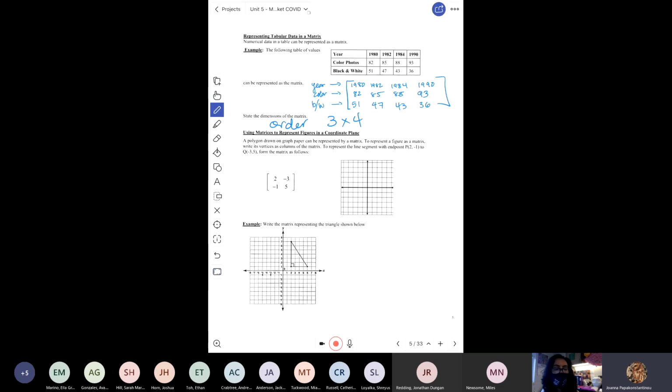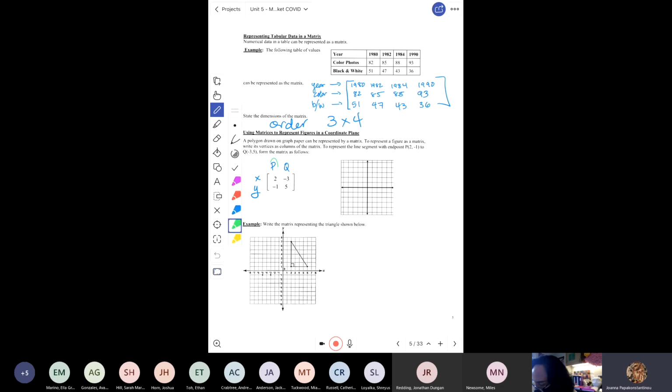So if I wanted to do that, I would be told that each column is a point. Let's call P and Q. P has an X value and a Y value. So the rows represent the X and the Y values. The columns represent the points.